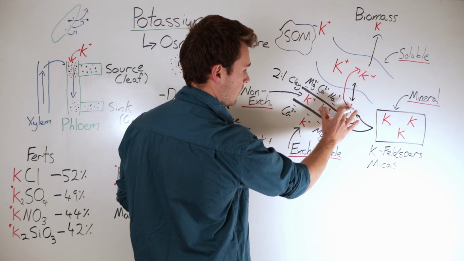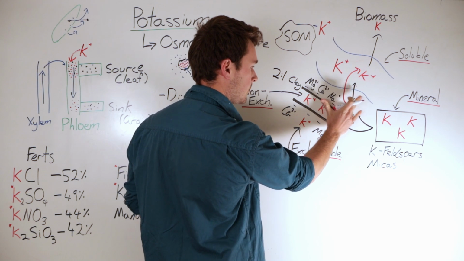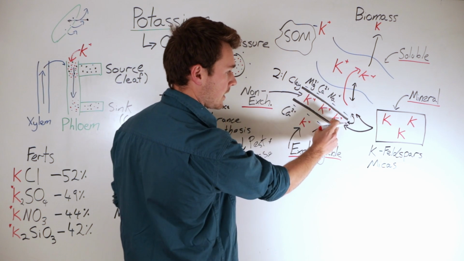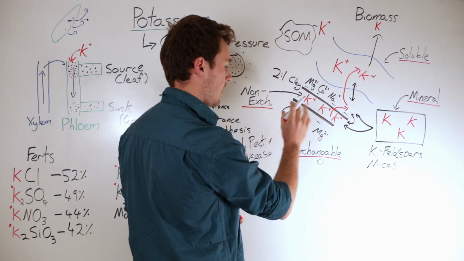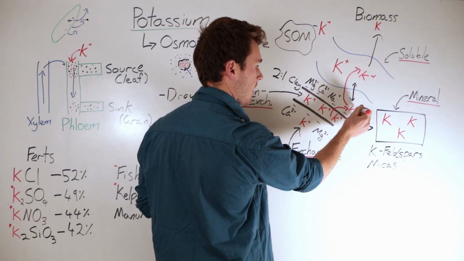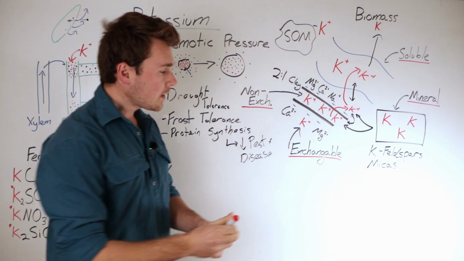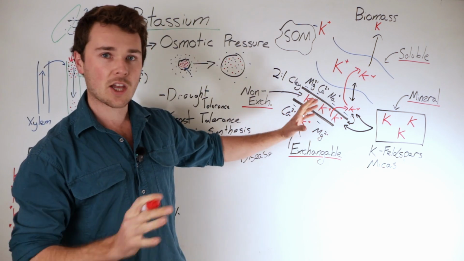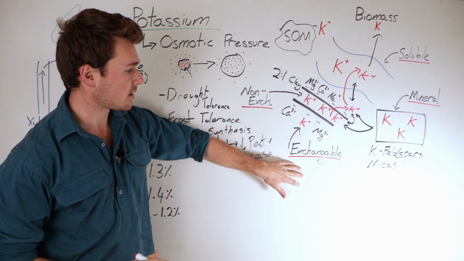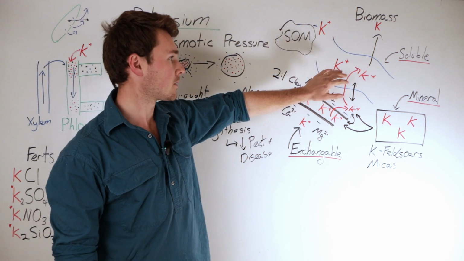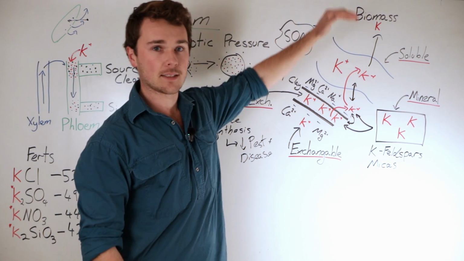So now this here is gone, and there's a gap there for the potassium here to then come out of the non-exchangeable and onto the exchangeable potassium, like that. So with this, you basically get a recharging from the non-exchangeable to your exchangeable to your soluble potassium, and then into your plant.